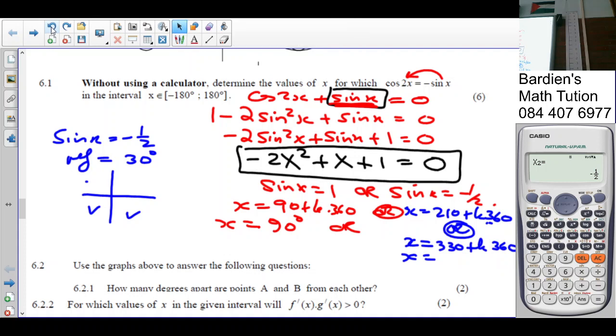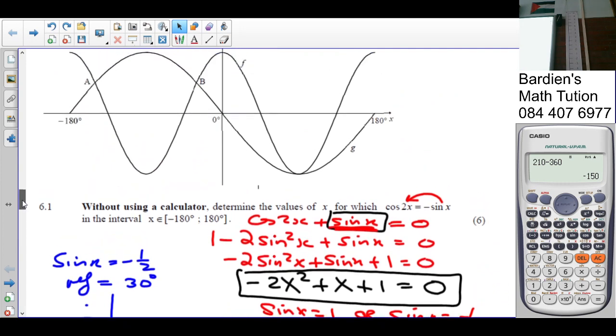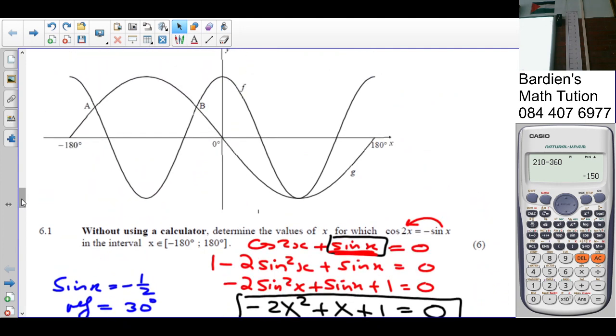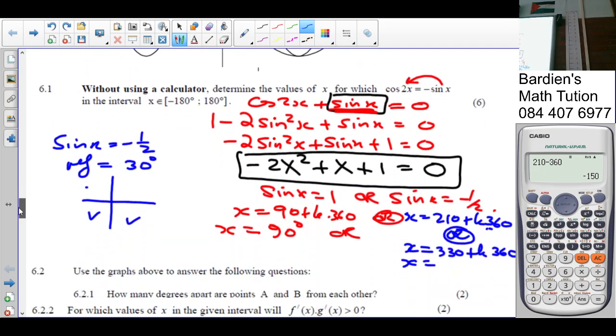So it's 210 degrees minus 360, which gives us negative 150. If we look at the graph itself, does it make sense that negative 150 would lie here? Absolutely. Remember, this is negative 90. So yes, that is negative 150.